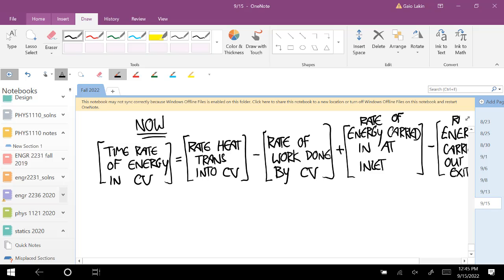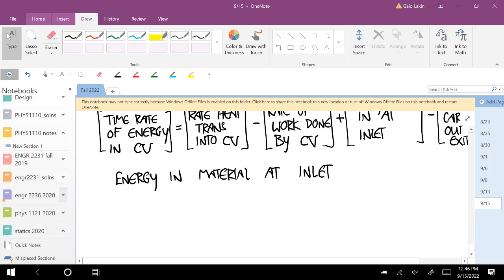So the energy that's carried in, the energy in the material that's coming in, we have m dot times the specific internal energy.